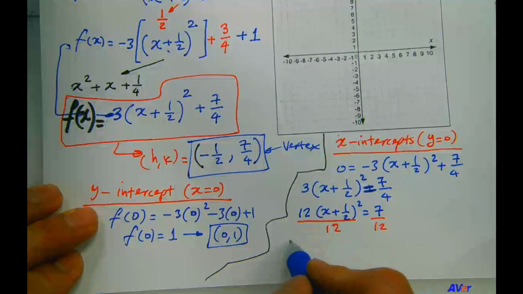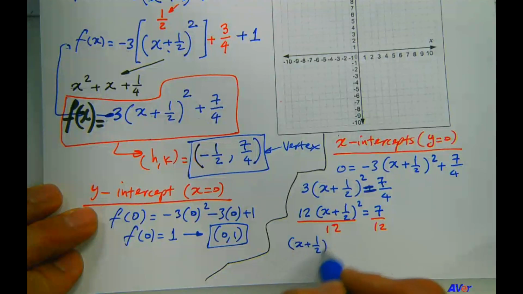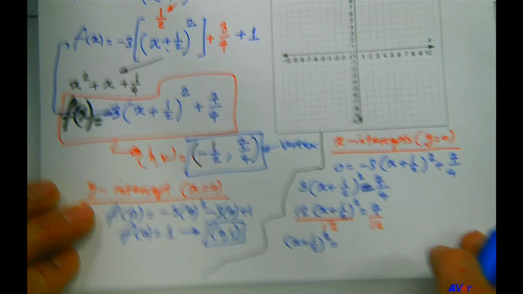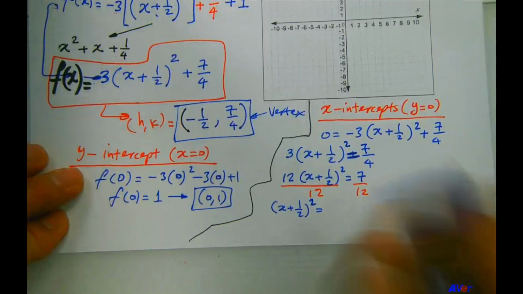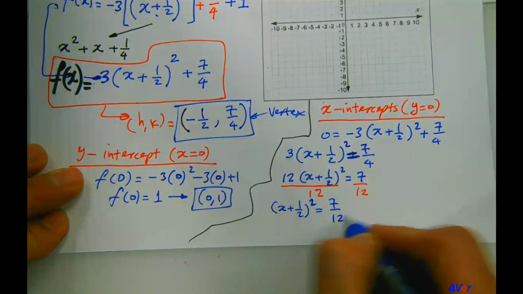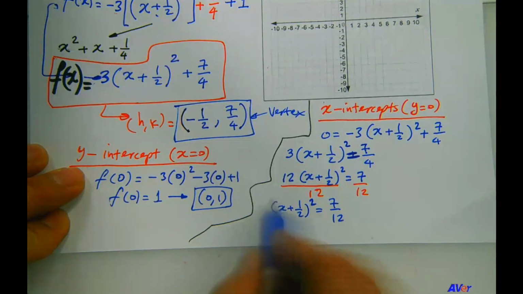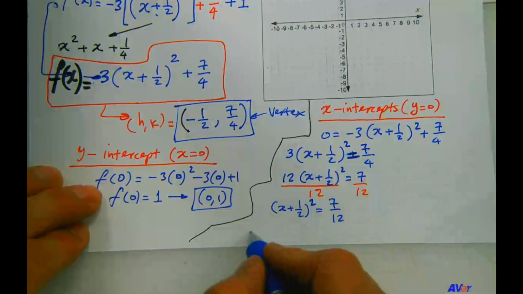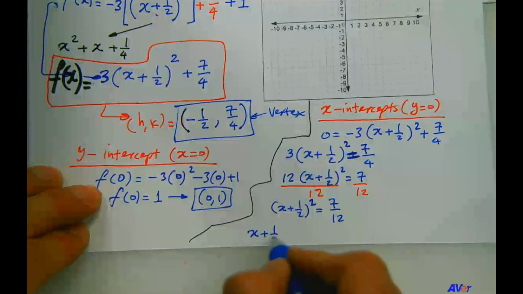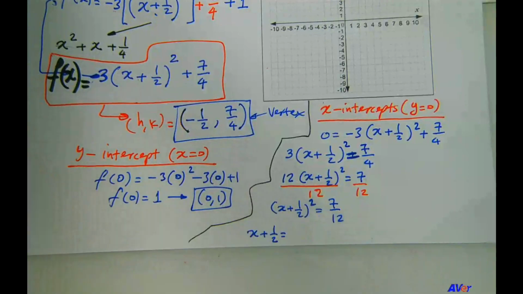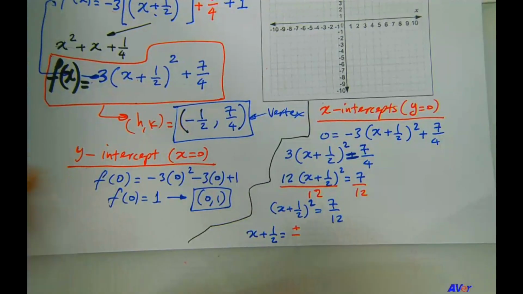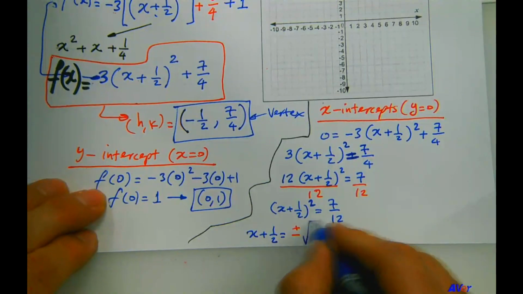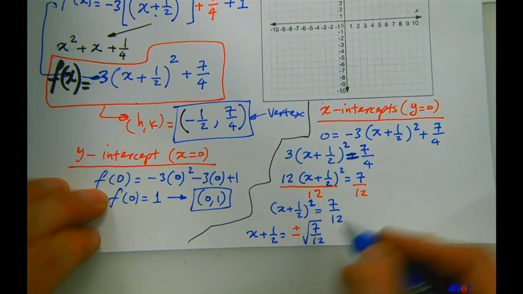So we end up with x plus 1/2 squared equals 7/12. Then let's take the square root of both sides. So we end up with x plus 1/2 equals plus or minus square root of 7/12.